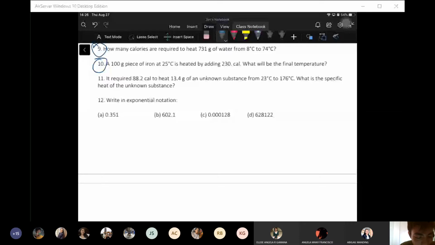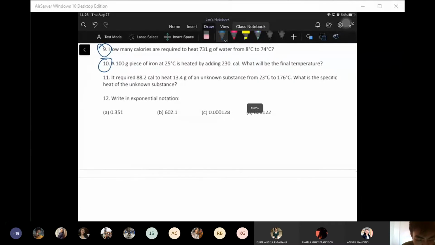So, it required 88.2 calories to heat 13.4 grams of an unknown substance from 23 to 176 degrees Celsius. What is the specific heat of the unknown substance? Sige, sagutan natin. Number 11.